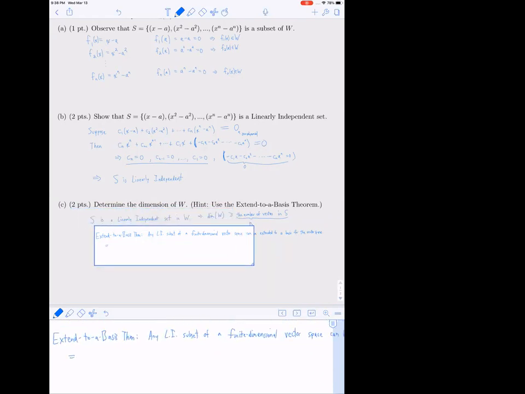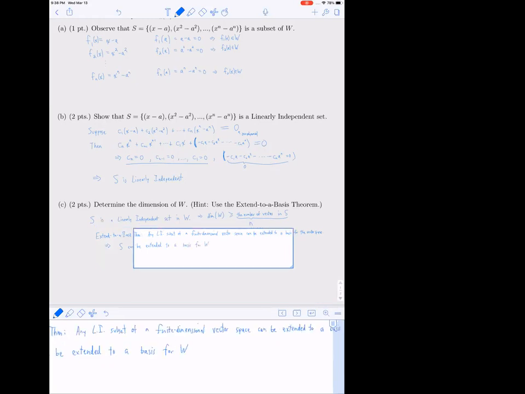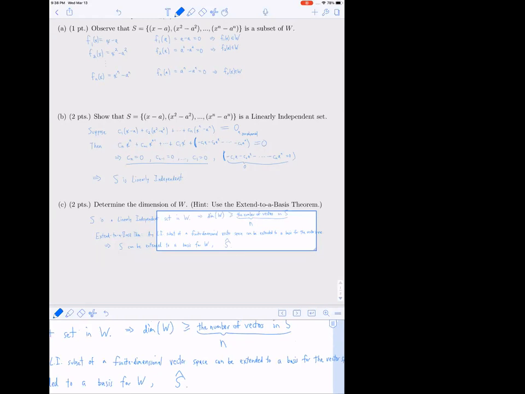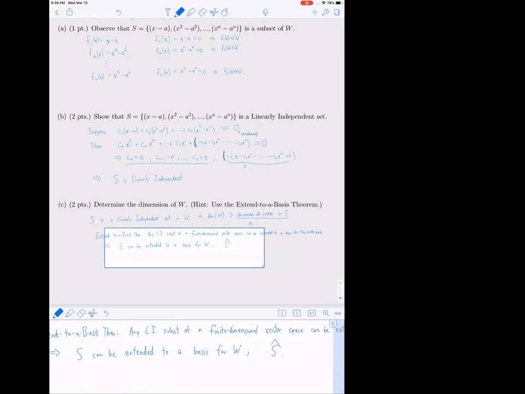So this implies that S can be extended to a basis for W. Let's call it S hat. Well, S already had n vectors, so either S is already a basis for W or it's not, in which case S hat has some additional vectors in it.